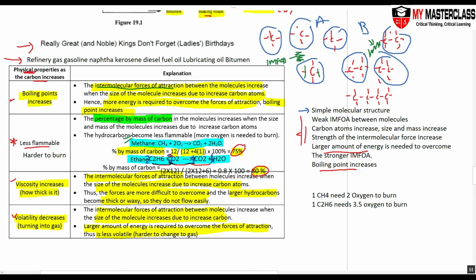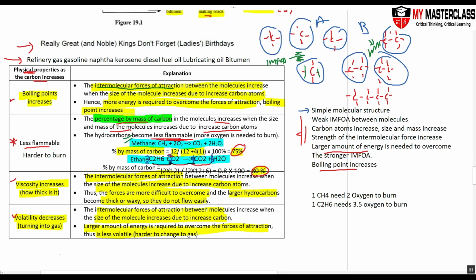So as the number of carbon increases, the percentage by mass of carbon increases from 75 to 80. Why does it increase? This is due to the increase in mass and increase in carbon atoms. So the hydrocarbons become less flammable. You need more oxygen to convert the carbon to CO2. So it's less flammable, more oxygen is needed to burn.